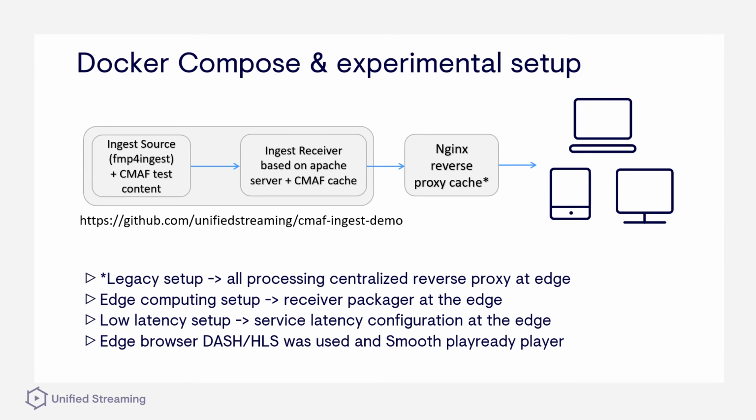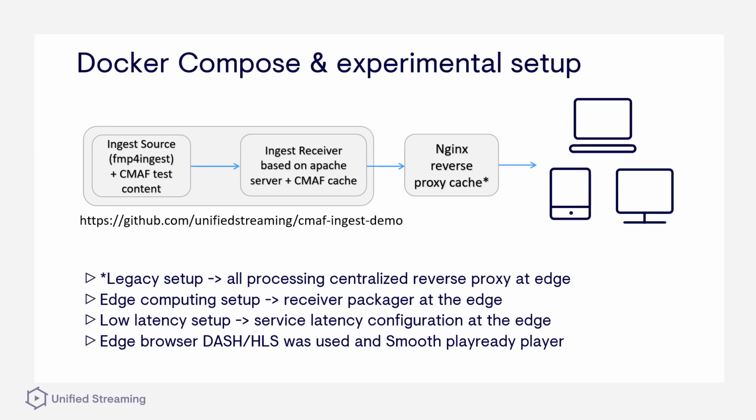To implement the setup, we created a demo that deploys the CMAF C++ ingest tools and the Node.js and Origin servers in Docker containers. To compare to a legacy CDN, we also implemented an Nginx reverse proxy cache. In the legacy setup, we deploy both the ingest source and receiver in the centralized cloud and the Nginx reverse proxy cache in the edge cloud.